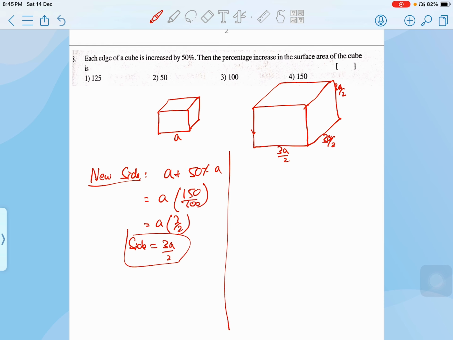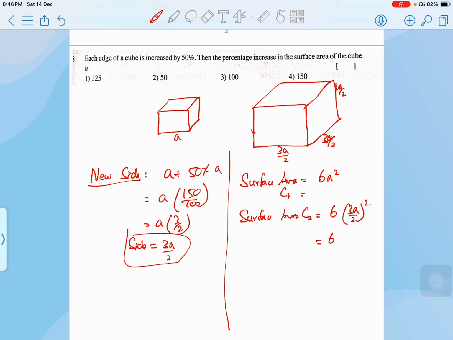So let's calculate the surface area of the first one and surface area of the second one. Surface area. Initially it was 6a square for cube 1, C1. Then same surface area for cube 2, C2, means cube 2 is 6 into 3a by 2 whole square.